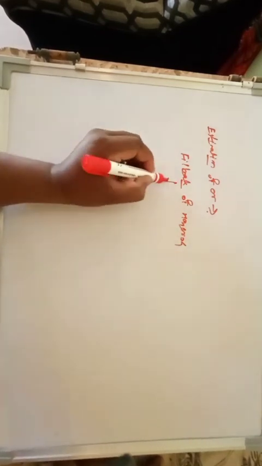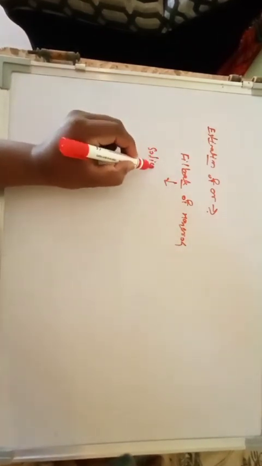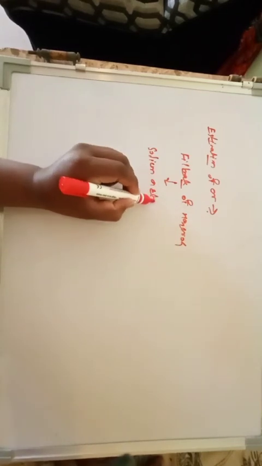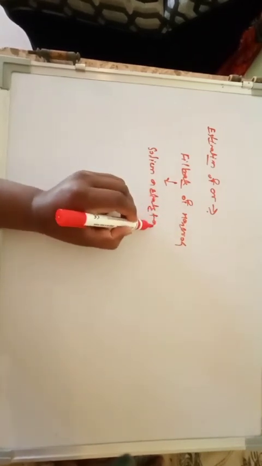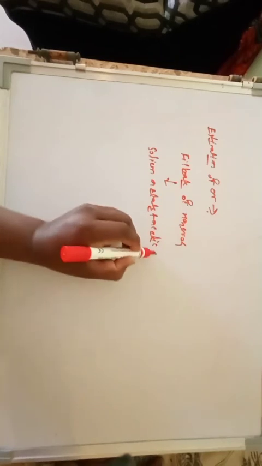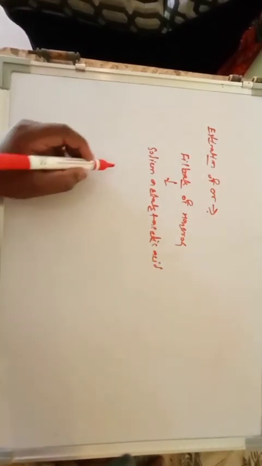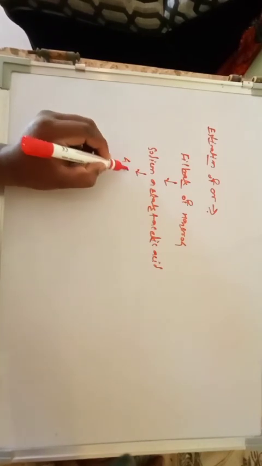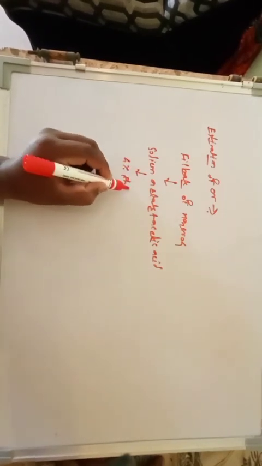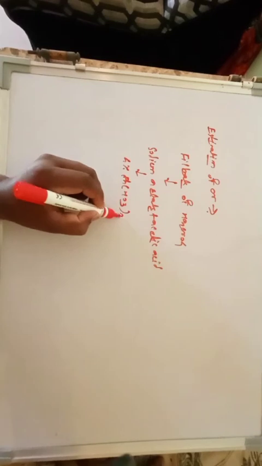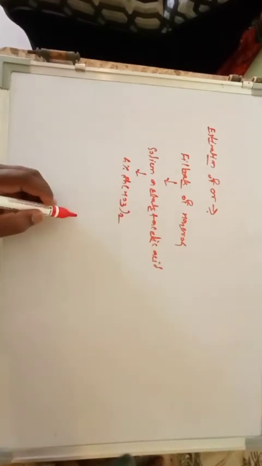Then you have to add sodium acetate plus acetic acid as a buffer, and then you have to add 4% lead nitrate solution, Pb(NO3)2 solution.